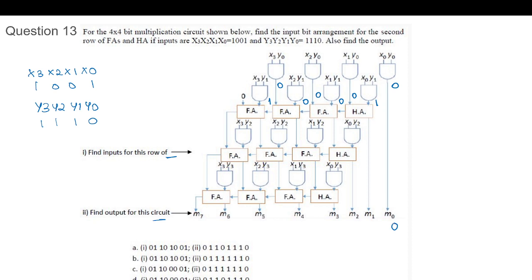With this, now let's perform the addition. 0 plus 1 is 1, carry is 0. Again, all 0, so this is 0, this is 0. This is 1, 0.